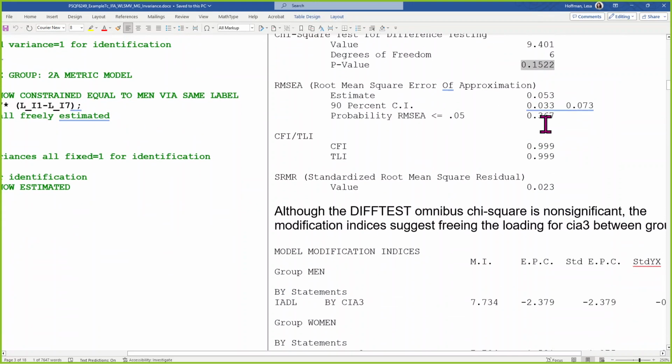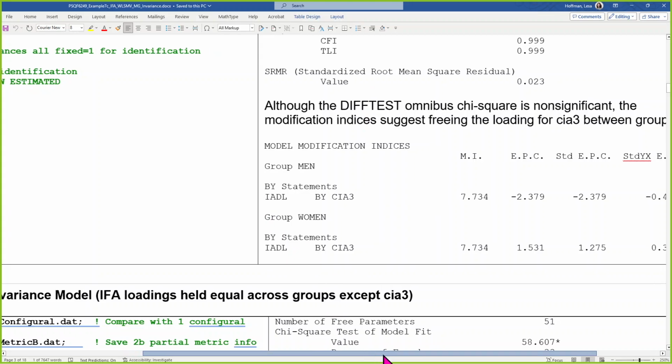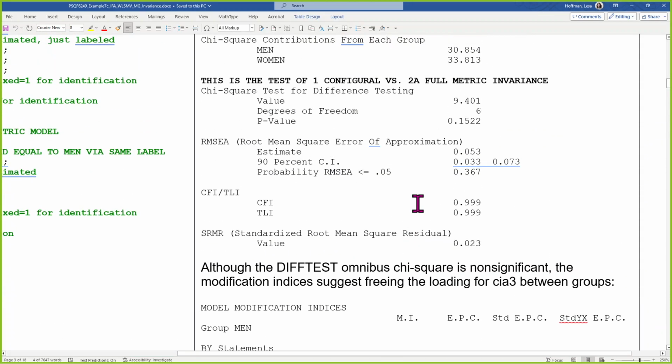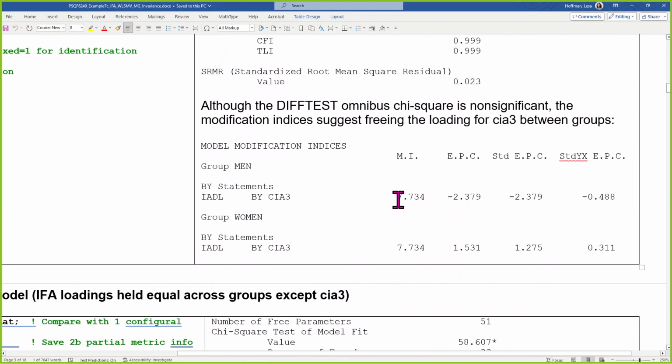Even though this is non-significant, though, I wanted to go ahead and check the modification indices to see if there's any individual parameters that are problematic. And item 3 looks like it is responsible for a good chunk of that difference. So the chi-square of 9, 7 of it is due to this one loading. So I say, I don't like that. I'm going to let it go.